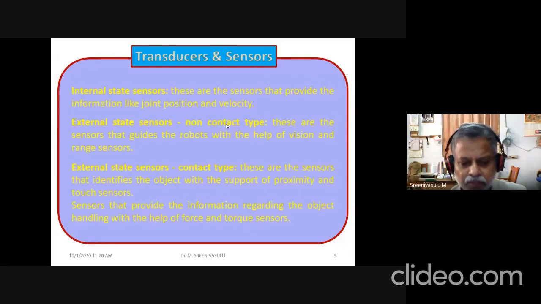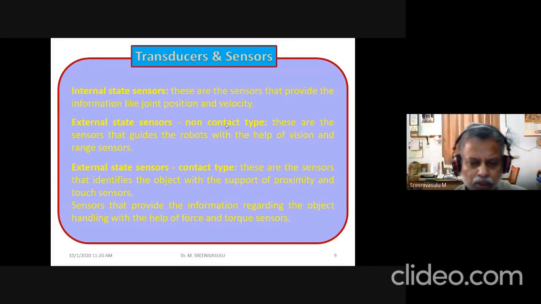Sensors that provide information regarding object handling with the help of force and torque sensors also come under contact type sensors. When you want to measure the force or the torque, you take the support of sensors that maintain physical contact with the object.